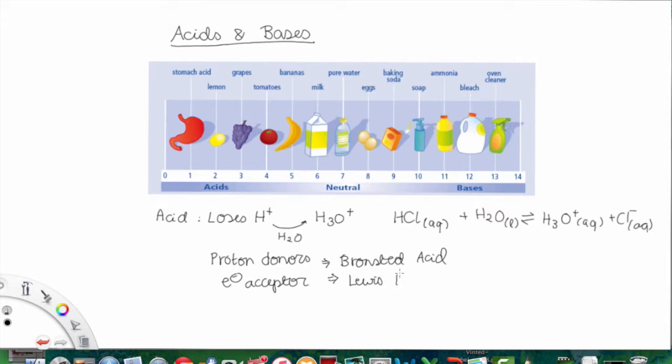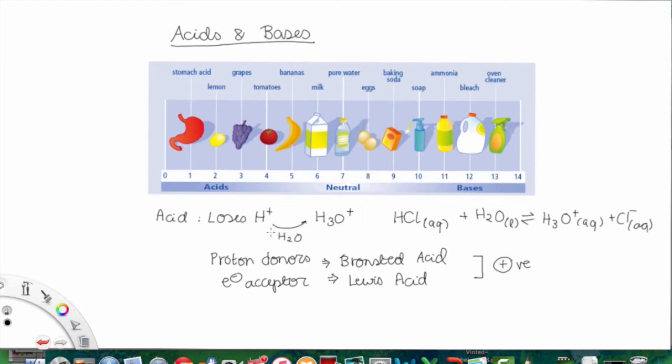So there are different definitions of what kind of acid it can be. If it's a Lewis acid, it's an electron acceptor. If it's a Bronsted acid, it is a proton donor. Both types of acid result in another species becoming more positively charged.